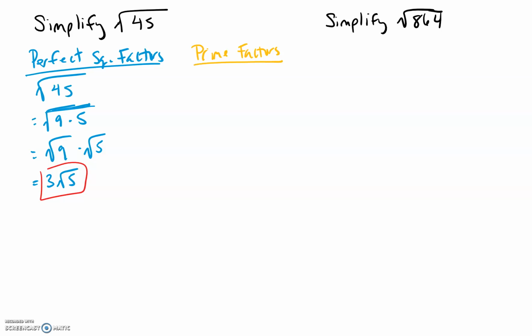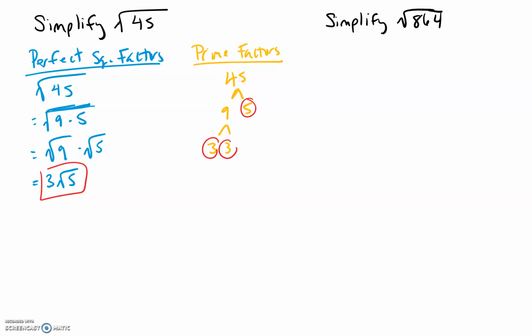So I can break down the 45, which is the radicand, the number inside the square root or the radical sign, all the way down to its prime factors. Remember, prime numbers are things like 2, 3, 5, things that can only be divisible by itself and the number 1. If I remember 45 is 9 and 5, but it slips my mind that 9 is not a prime number, I can break 9 down to 3 and 3. And then I have my prime factors.